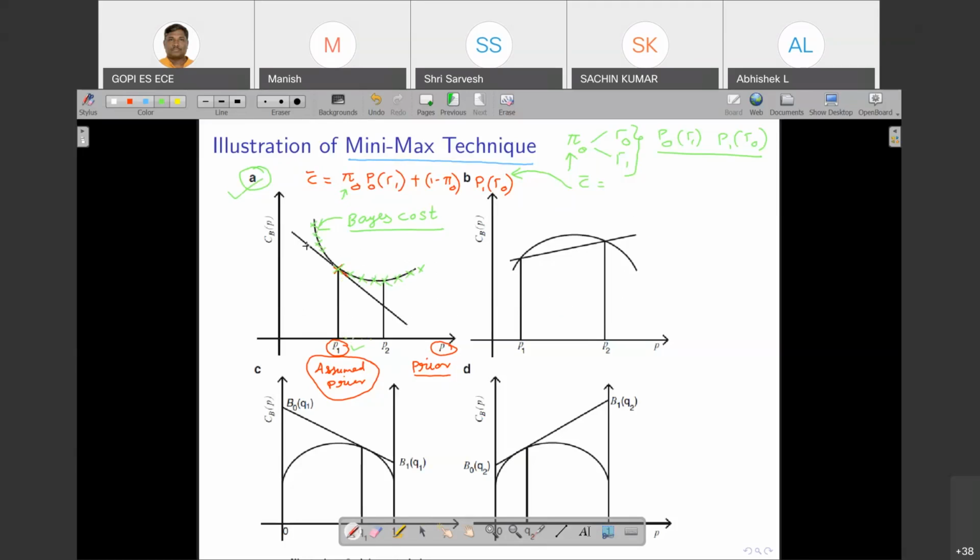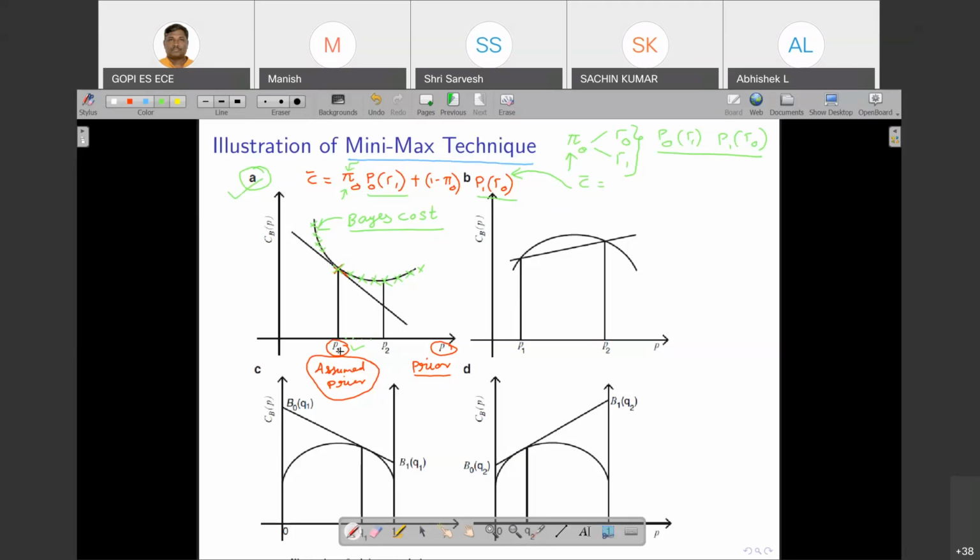Now this straight line is where you have designed the Bayes detector for the assumed prior probability P1. But in that case, P naught of gamma 1 and P1 of gamma naught are frozen. Then your pi naught is getting changed, which means it is deviating from this value.